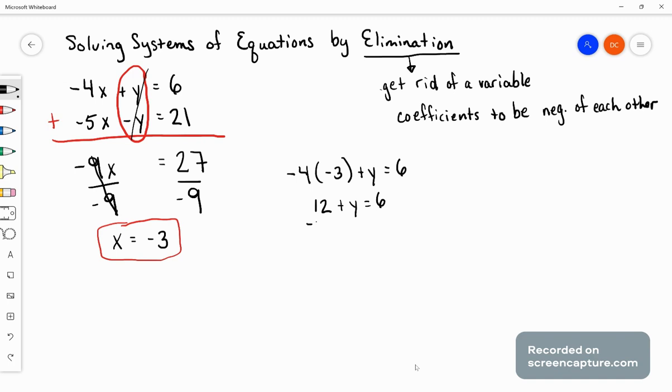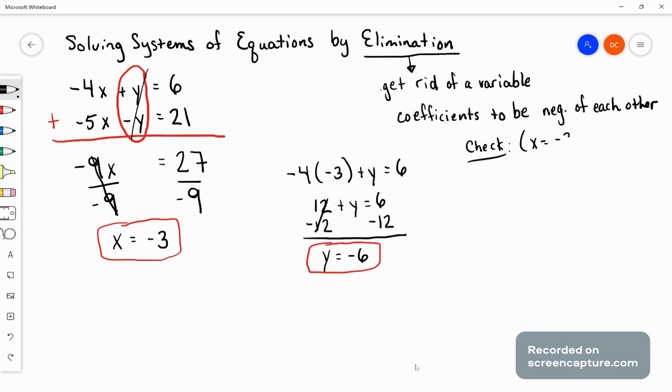I want to get that y all by itself, so I'm going to subtract 12 on both sides, and so I get y equals negative 6. And so now I have an answer of x equals negative 3 and y equals negative 6. My last step is to check that those answers work in both original equations.